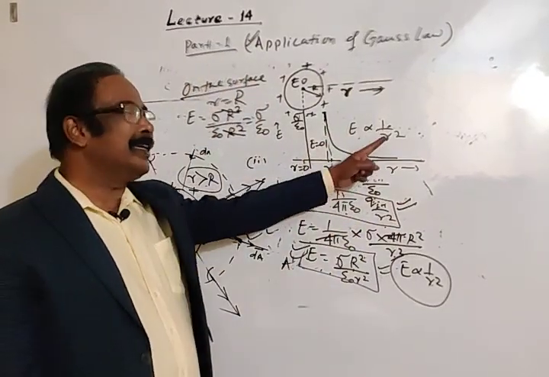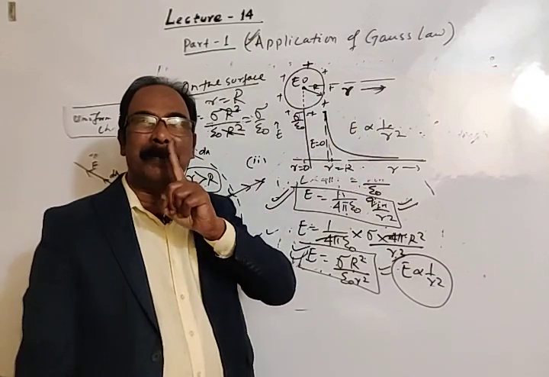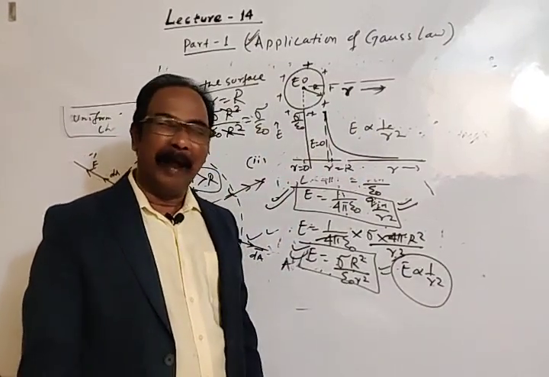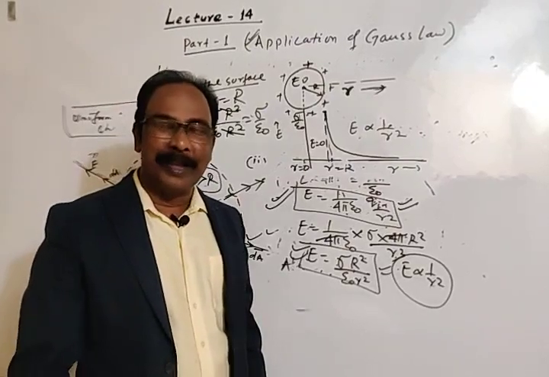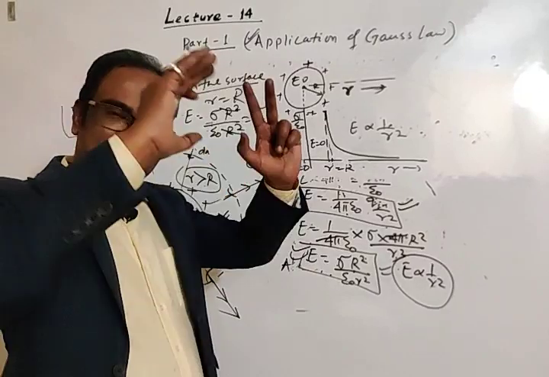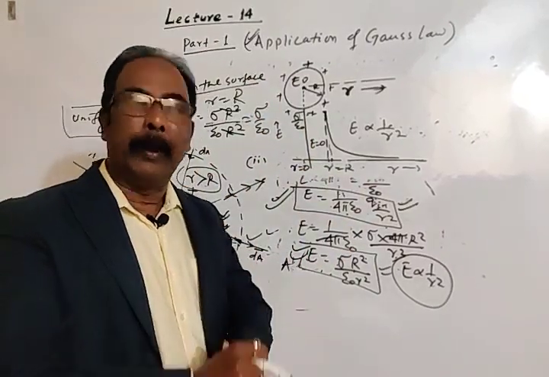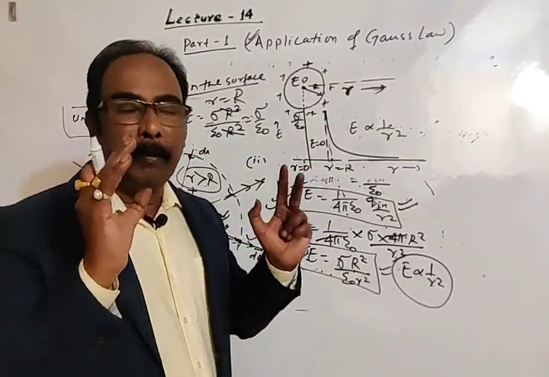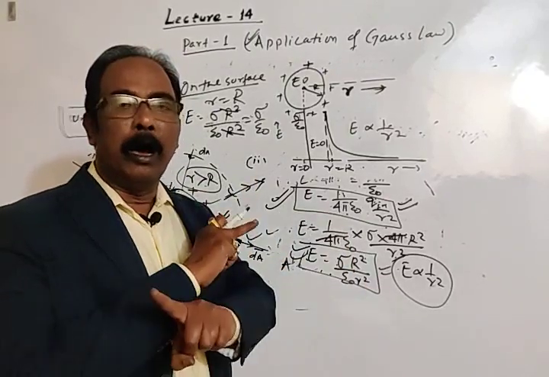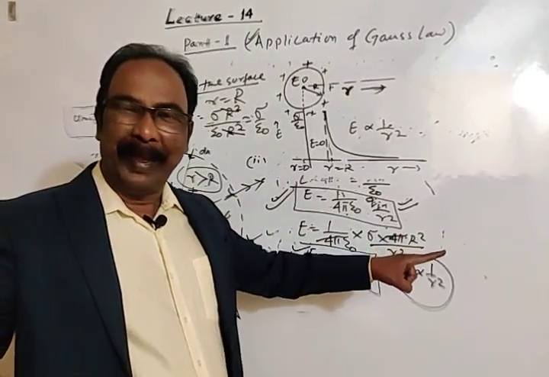Means if distance is doubled, electric field will become 1/4. Electric field will decrease rapidly with increase in distance, as in the case of a point charge, or due to a uniformly charged solid sphere, or due to a uniformly charged thin spherical shell, may be conducting or may be insulating.